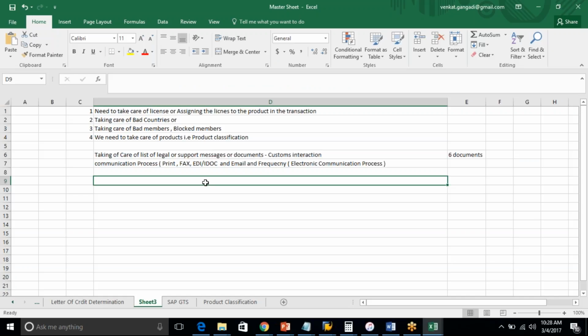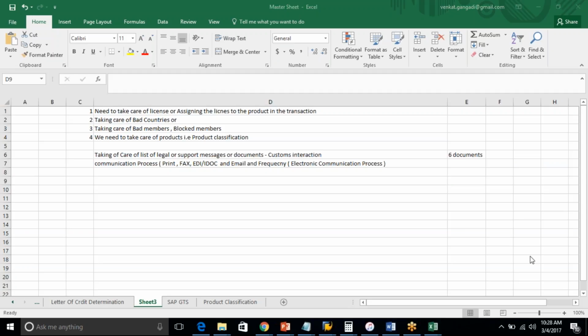And apart from this, do you think of anything else? Any other requirements or any other rules and regulations? Any other business scenarios which you need to face in international trade when you are doing import or export? Sometimes some countries need to submit reports of the shipments they have done for the quarter or for the month.